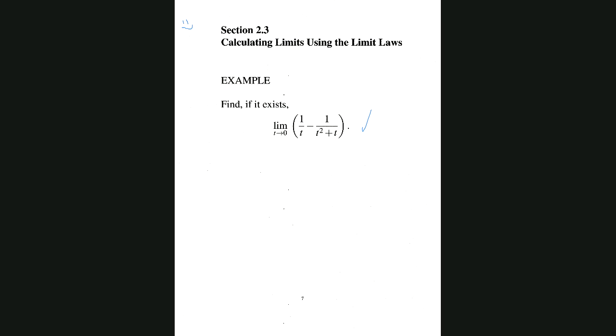When we have the difference or the sum of two fractions with different denominators, what do we like to do? We like to find the common denominator and combine the fractions, that's right, Kelvin. So we have to do something to simplify this function. We're going to try it and see if it works.